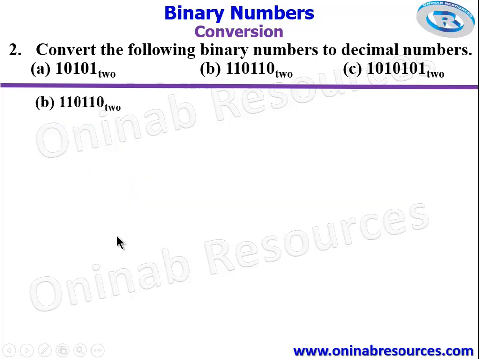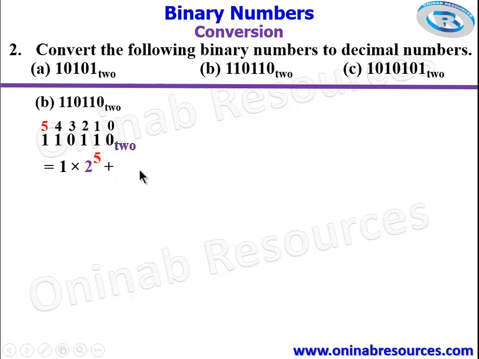We then go to B. We have 110110. Again, we are going to number the digits starting from the last digit. This is 0, 1, 2, 3, 4, 5. So in the same way, we pick the first digit, which is 1 times the base 2 raised to the power 5.